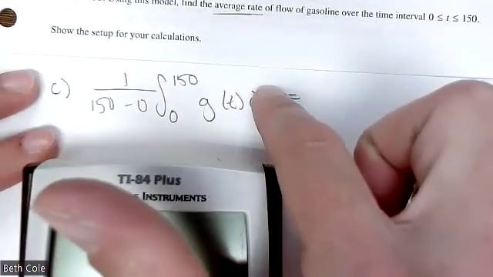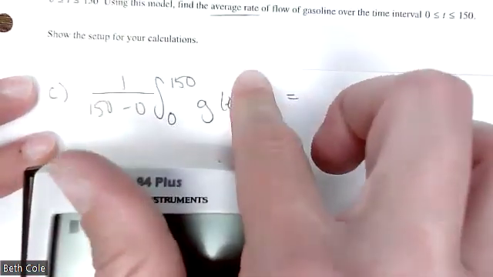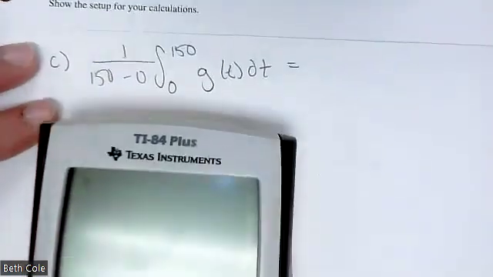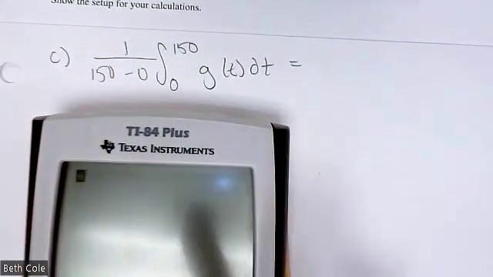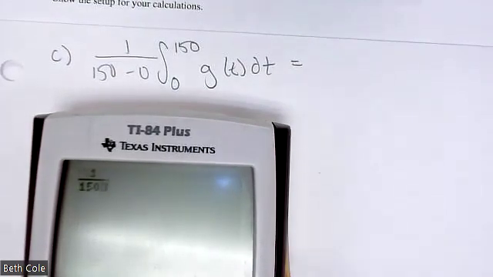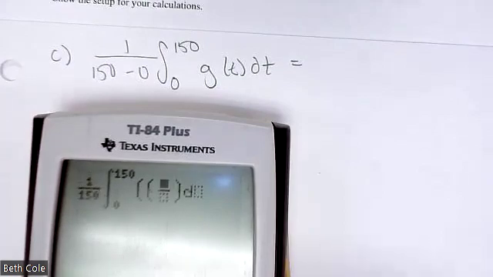That is the setup. Now you're going to put it in your calculator. When it says show the setup for your calculations, it's that. Basically what they're saying is write down what you're putting in your calculator. And you better be in radians because there's trig here and it will be wrong if you're in degrees. They aren't going to give you a nice function.